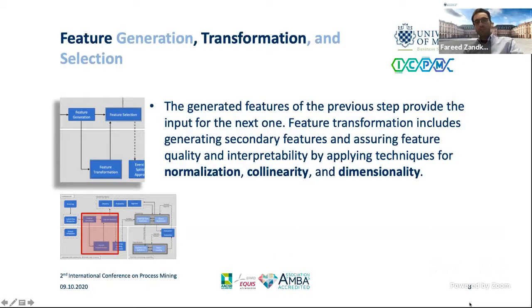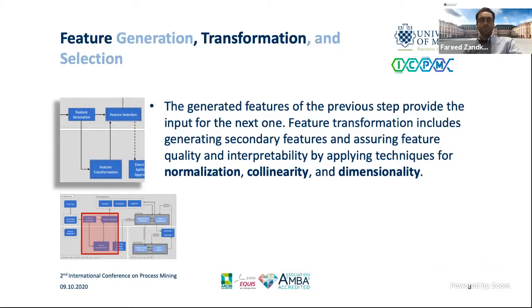The generated features of the previous step provide the input for transformation. Feature transformation includes generating secondary features and assuring features quality and interpretability by applying techniques for normalization, collinearity, and dimensionality.